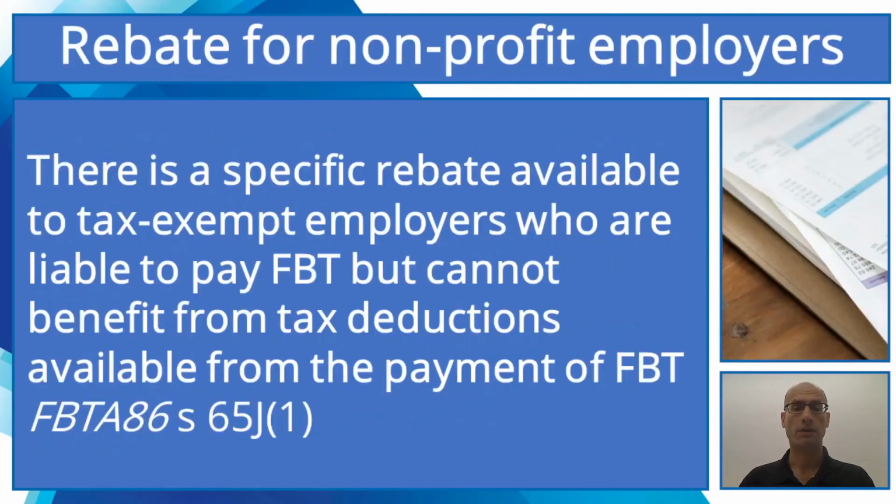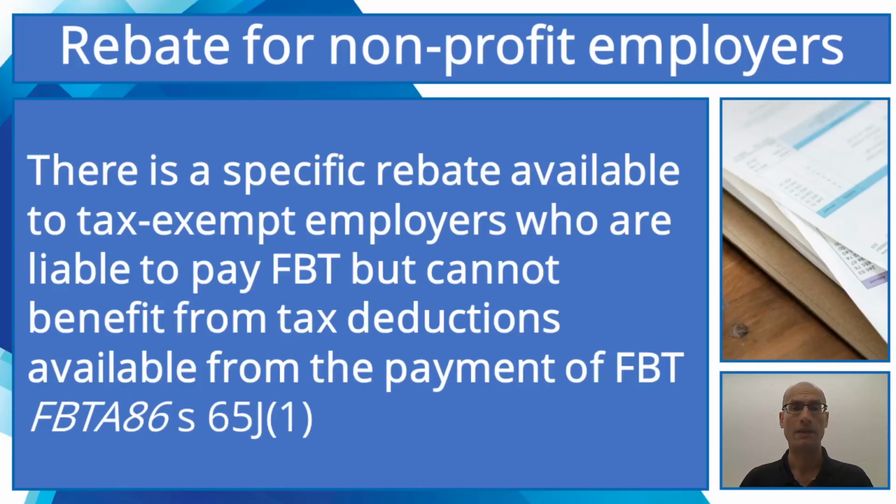We'll note at this point that when an employer pays fringe benefit tax, for most employers, they are going to incur the expense of providing the particular benefit, and they're going to incur the expense of paying the fringe benefit tax in relation to that benefit. So in both components, that's a tax deduction.